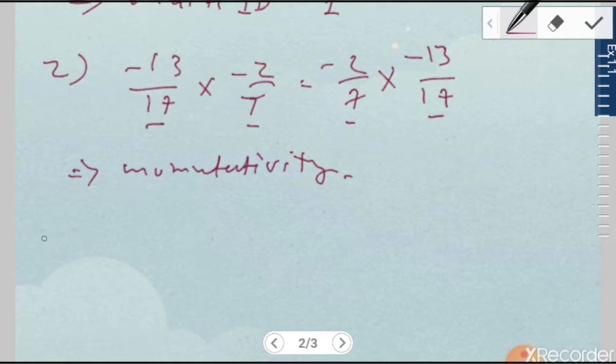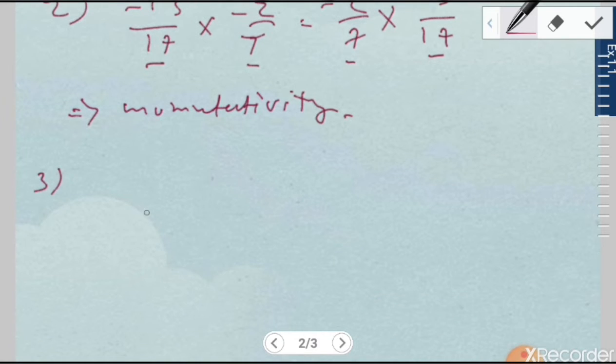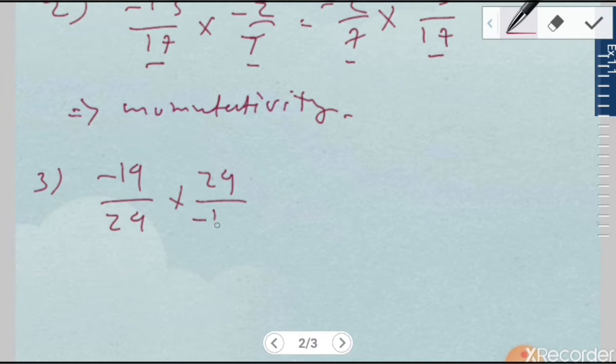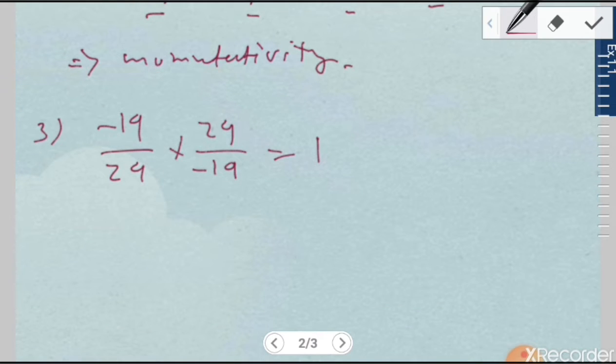In the third one, there is minus 19 upon 29 and 29 upon minus 19, and the answer is 1. So here in the first and second we can find that 19 goes to the denominator and 29 goes to the numerator after multiplication.